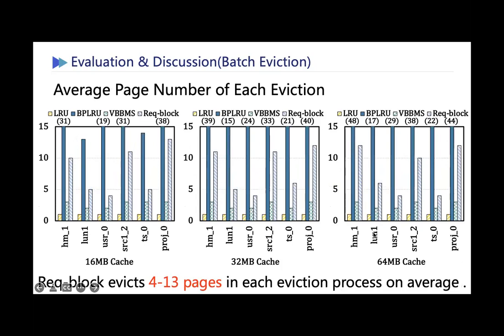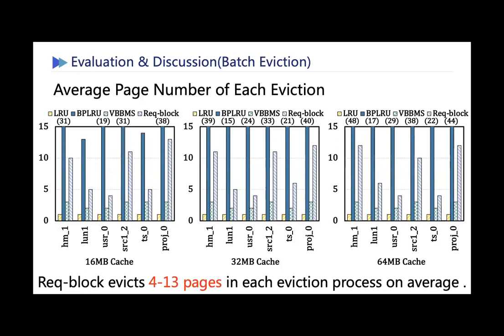To characterize the eviction in the four cache management schemes, we record the number of ejected pages in each eviction operation. As shown in the figure, IEQ block evicts 4 to 13 pages in each eviction process on average, which contributes to better I/O performance.